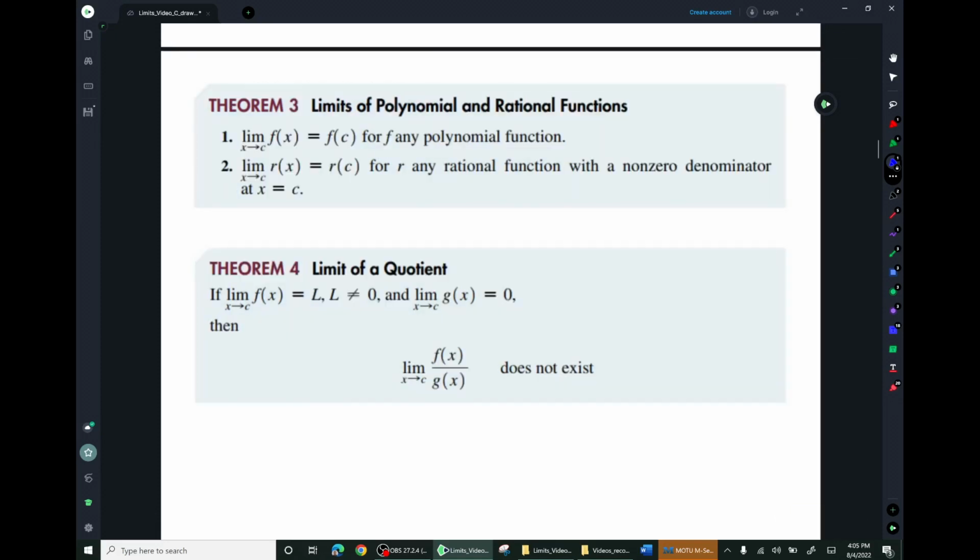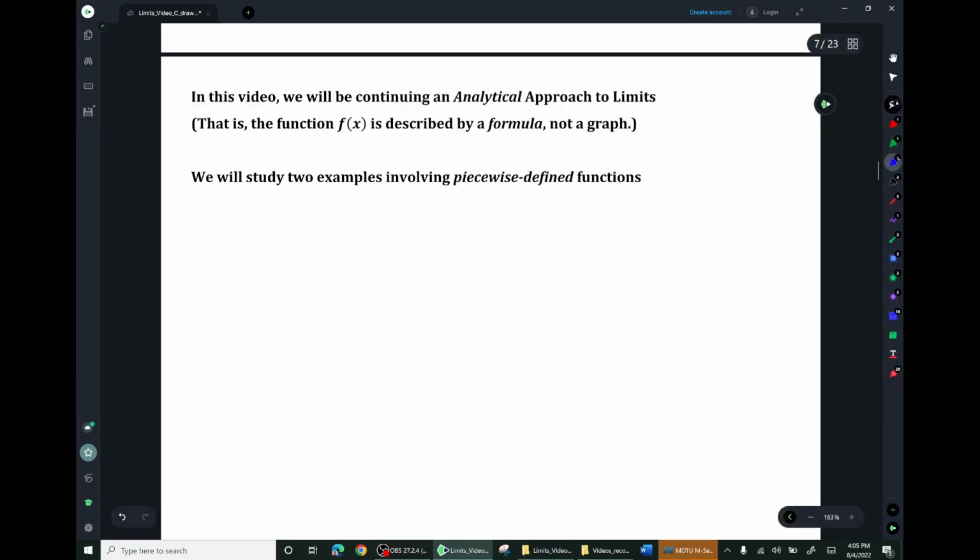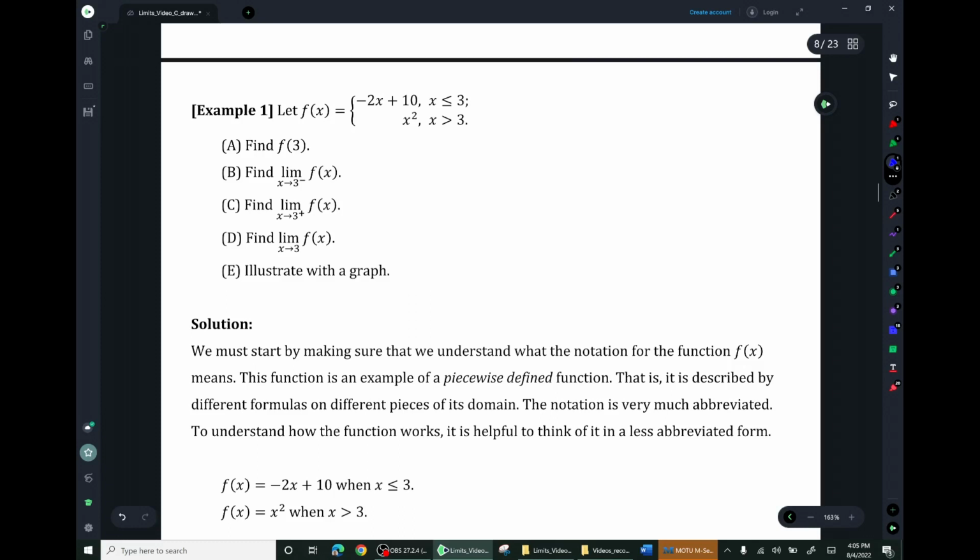One of the most important limit properties that we'll use in this current video is Theorem 3, that says if you have a polynomial function f, then the limit as x approaches c of f of x can be found by simply substituting in x equals c to compute a y value, f of c. In this video, we'll be continuing an analytic approach to limits. That is, the function f is described by a formula, not a graph, and we'll be discussing the two examples involving piecewise defined functions. So we'll just dive right in with the examples.